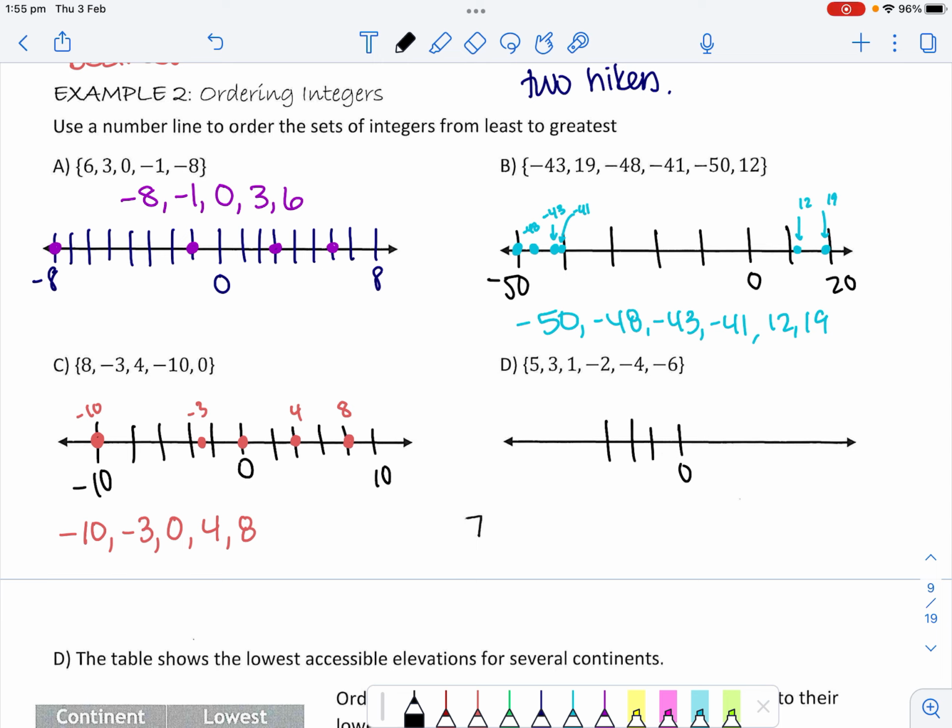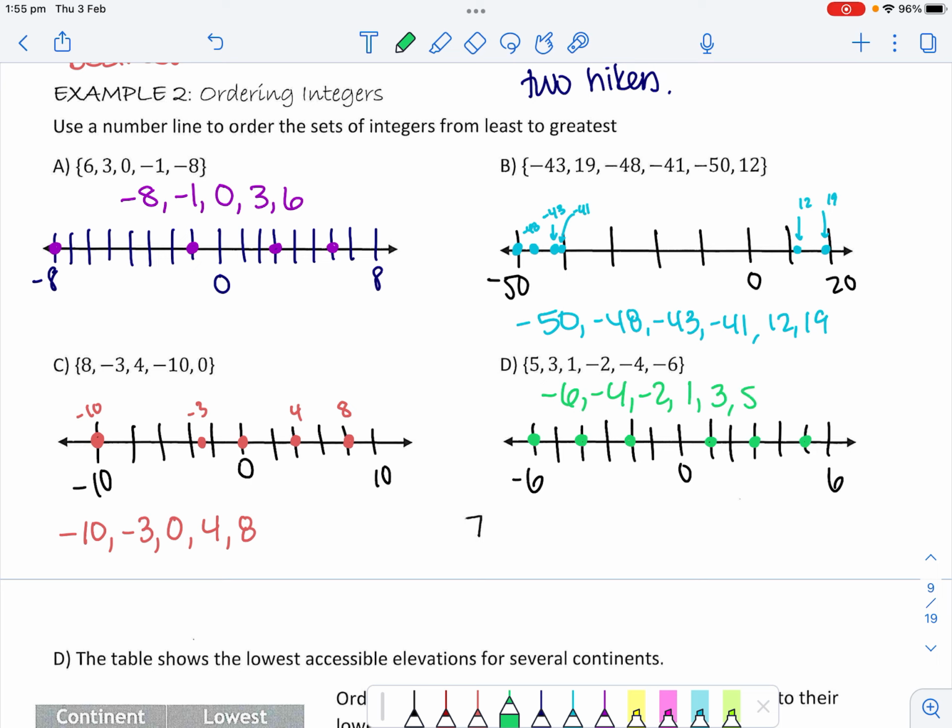So 1, 2, 3, 4, 5, 6. So here's negative 6. 1, 2, 3, 4, 5, 6. So negative 6, negative 4, negative 2, 1, 3, and 5.